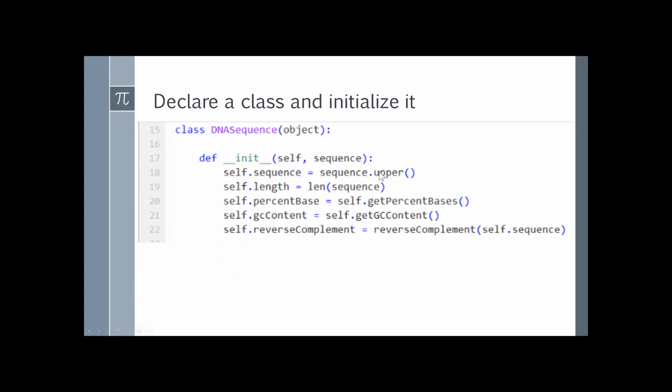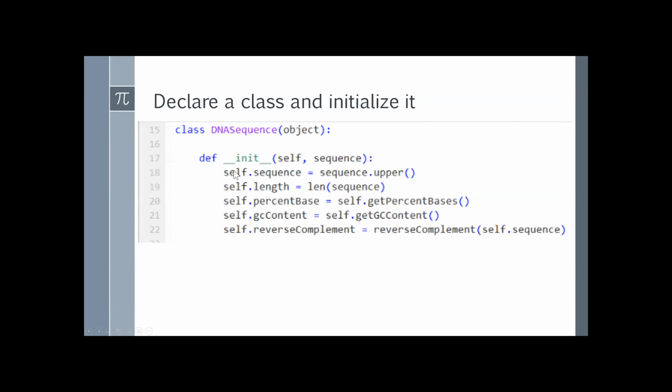So sequence.upper, this sequence is an instance of the string class. Having this string convert itself to all uppercase is a method that's built into the string. So in this case, because it's built into the string, I'm calling sequence.upper.